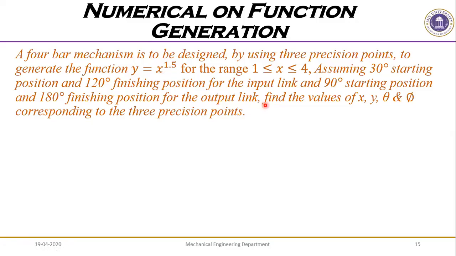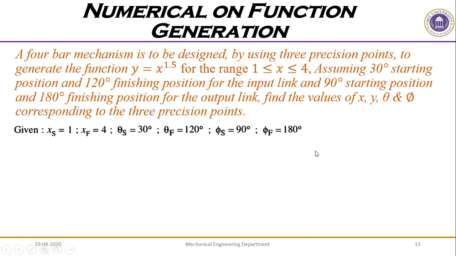Similarly, you know xs and xf, so you can find out ys and yf. With respect to that, you can find out theta s, theta 1, theta 2, theta 3, and theta f. Similarly, we can find out phi s, phi 1, phi 2, phi 3, and phi f. Those are the things which we have to find out.